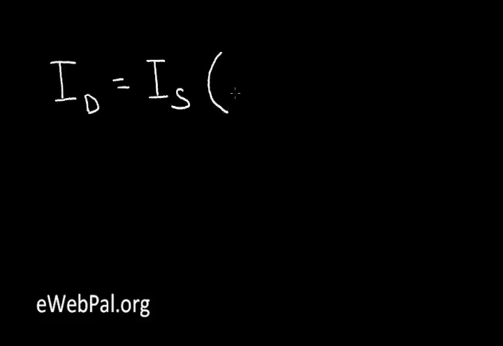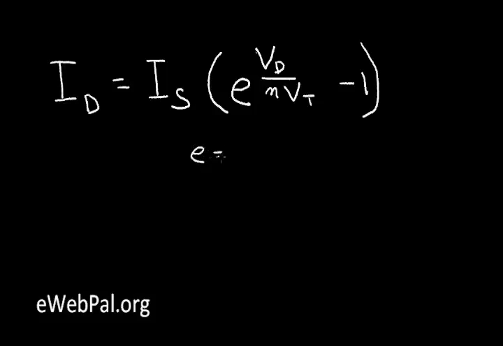This is times e raised to a power: voltage sub D, which is the voltage across the diode, divided by N V sub T, minus 1. Now recall that e is the base of the natural logarithm, so e is equal to about 2.718.